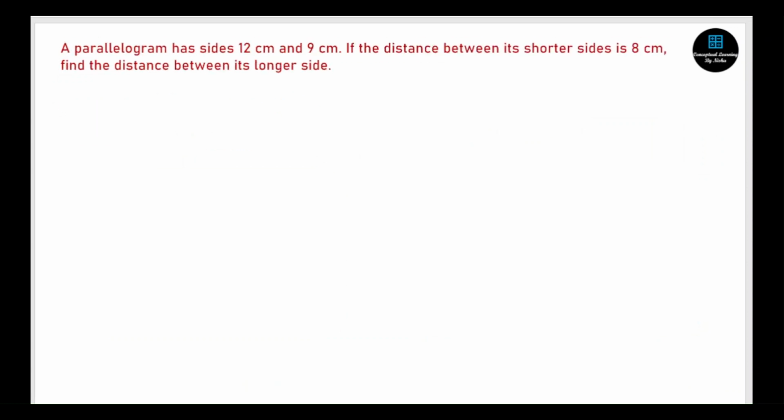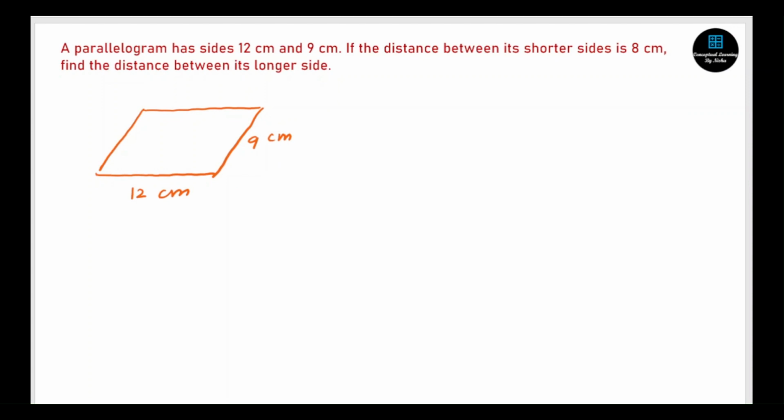A parallelogram has sides 12 centimeter and 9 centimeter. First of all, I'll make the parallelogram. 12 centimeter is the longer side, so I'll make this 12 and this 9 centimeter. The distance between the shorter sides is 8 centimeter.